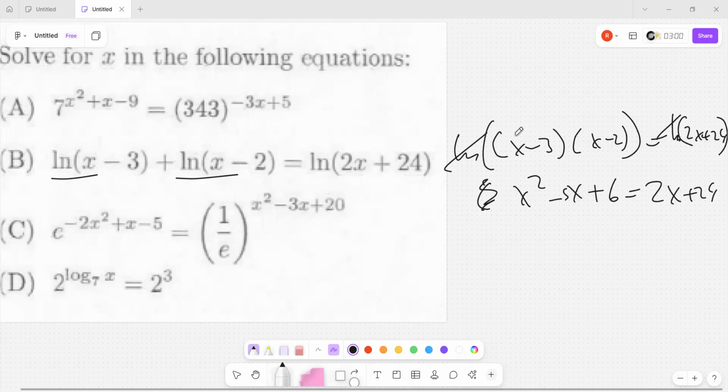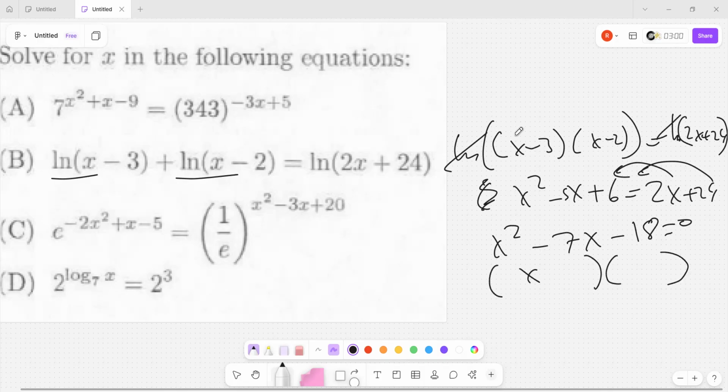Then you do the same: 2x here and 24 here. So x squared minus 7x, and 6 minus 24 is negative 18, equals 0.